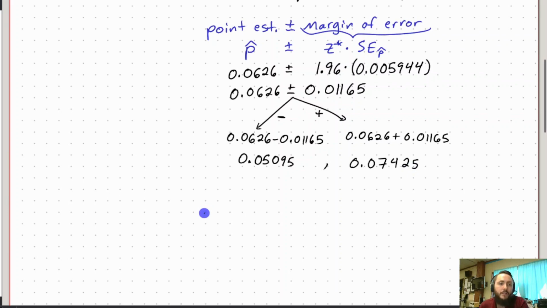Now round it, since we only did four decimal places for our proportion. We get 0.0510, rounded to four decimal places, and 0.0743. So this is our confidence interval.